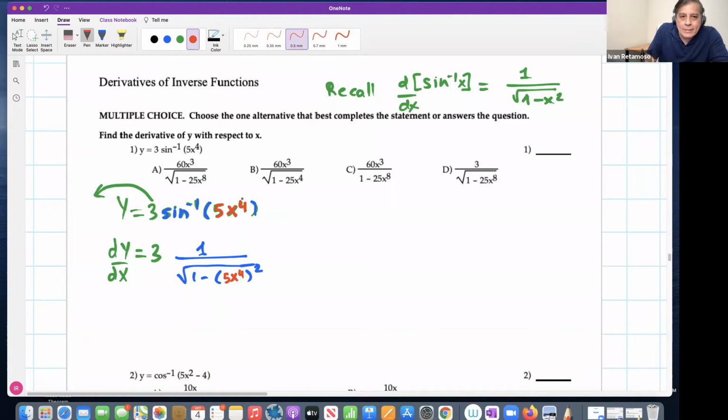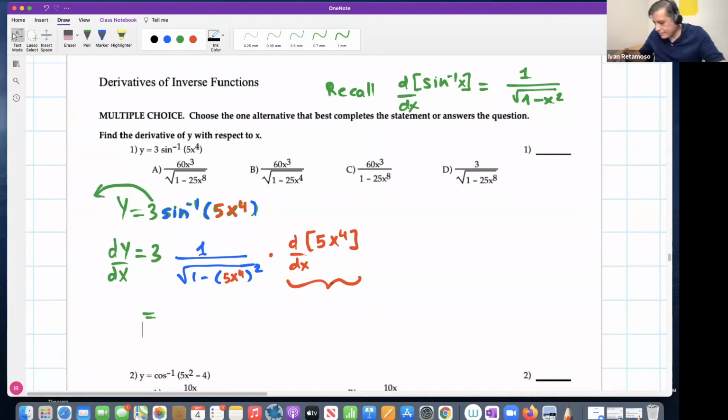Now, times, don't forget that you have to multiply this by the derivative with respect to x of your inside function, which is this, right? Yeah, and by the way, what is this? Anybody could tell us in the chat, what is that derivative here? Or verbally? Very good. 20x cubed. 20x cubed. Excellent.